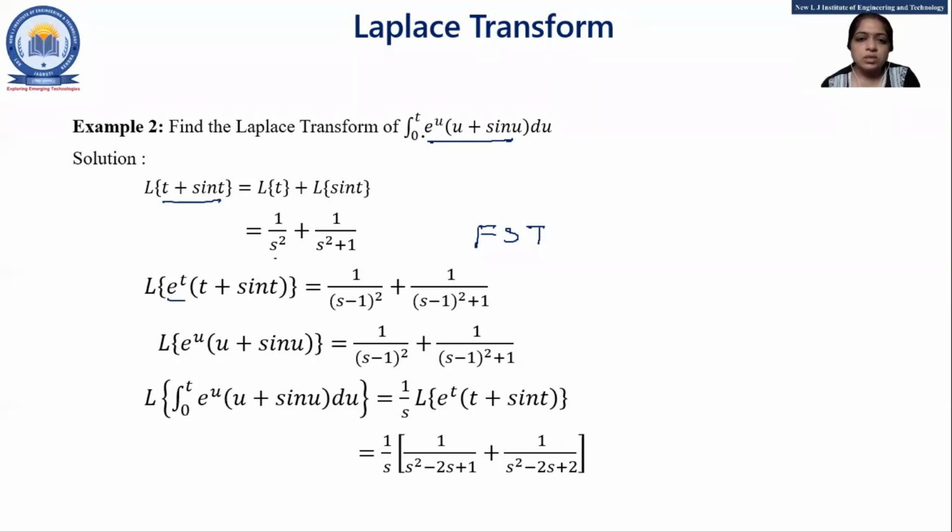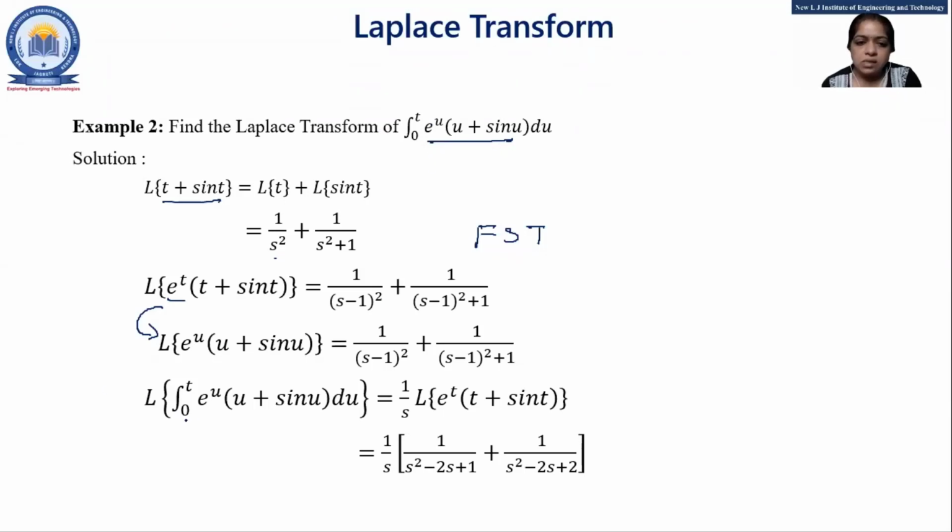My original question is in the form of u, so I replace this in the form of u. Okay, so the right hand side I keep the same and the left hand side I will put in the form of u. Now my question about finding the Laplace transform of the integration is 0 to t e raised to u into u plus sin u du.